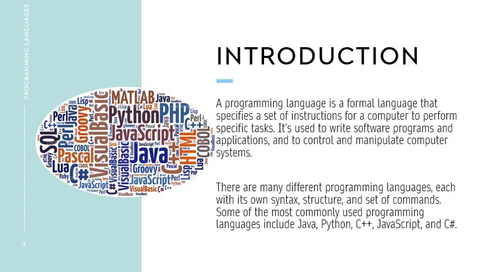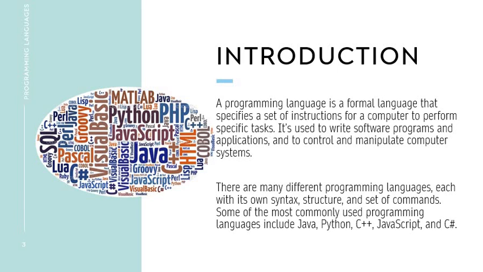There are many different types of programming languages, each with its own syntax, structure, and set of commands. Some of the most commonly used programming languages are Java, Python, C++, JavaScript, and C#.